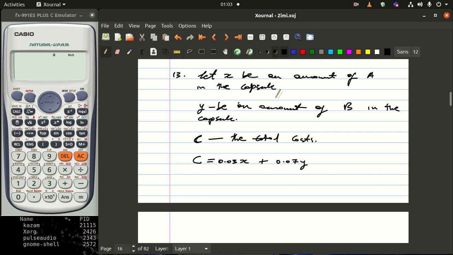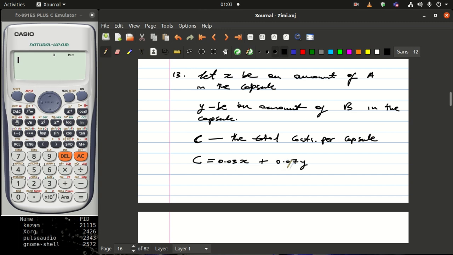If I know the amount in A, I just have to multiply by this, because for each mg we have this cost, and also for each mg in B we have this cost, so I just have to multiply by that. So this is the total cost, let's say per capsule.